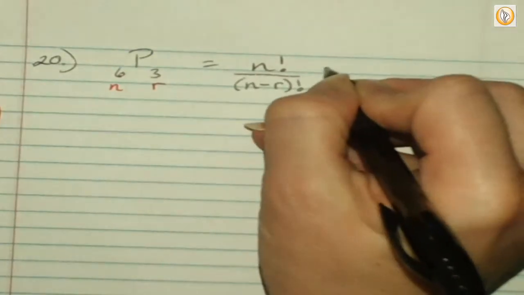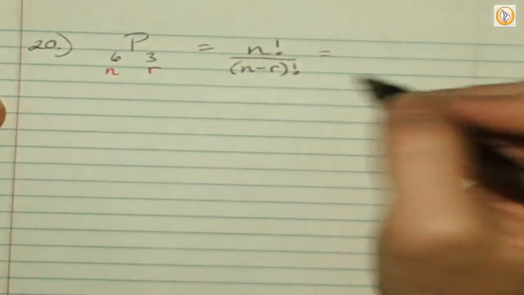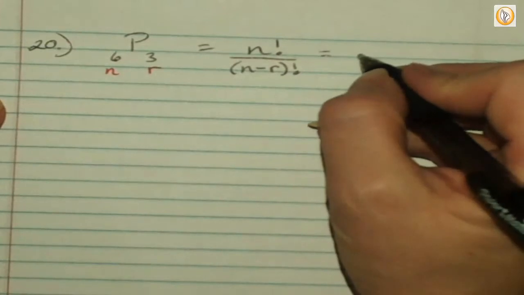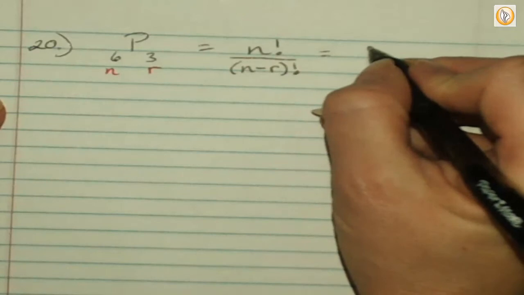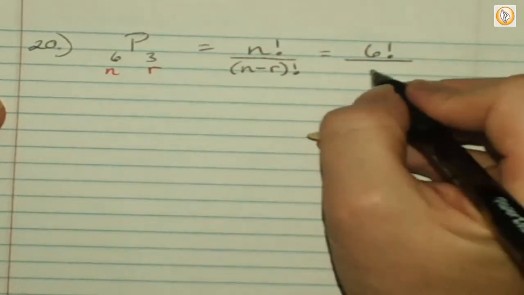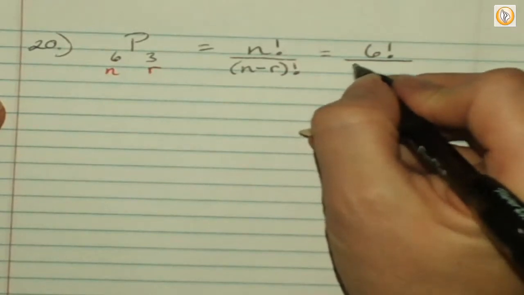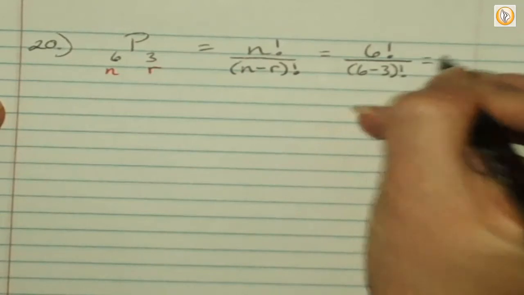If I'm writing this, you guys are writing this. Do you understand? Cecilia, what goes on top? 6 factorial. Izzy, what goes on the bottom? 6 minus 3 factorial. Very good.